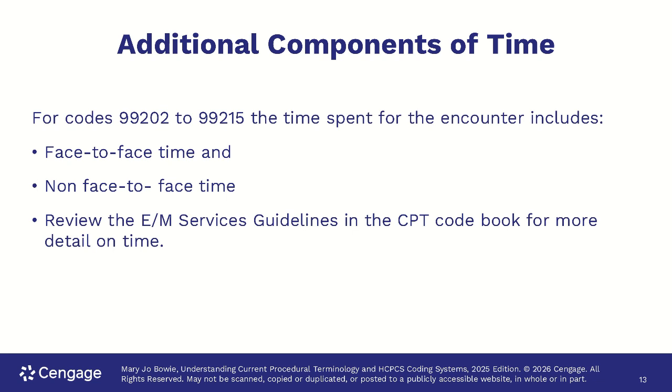The reason why I say the date of the encounter is because total time can include preparing to see the patient, reviewing tests. So let's say you work with a provider who reviews the charts the day before. That review cannot be included in the total time because it is not on the date of the encounter.